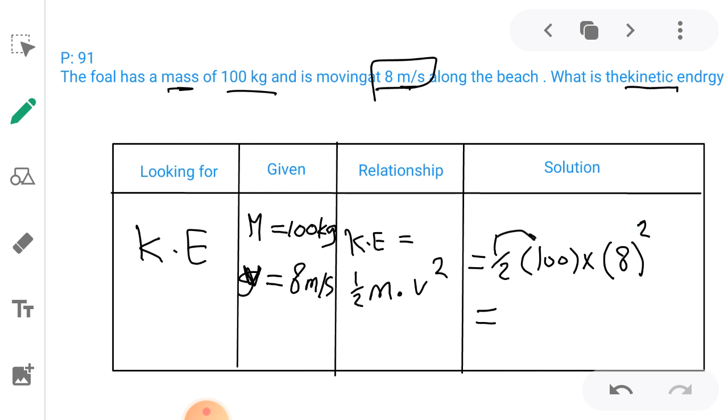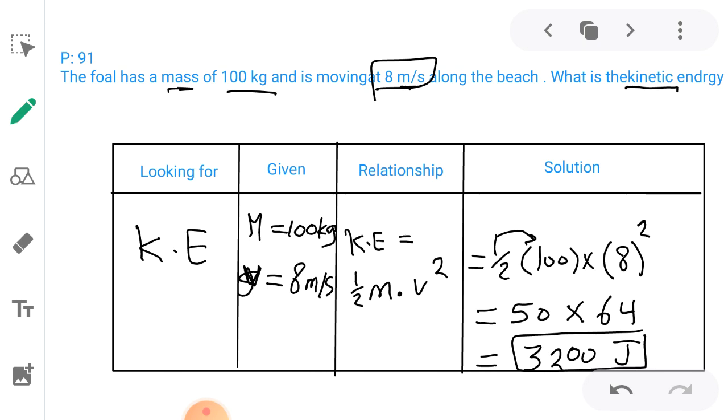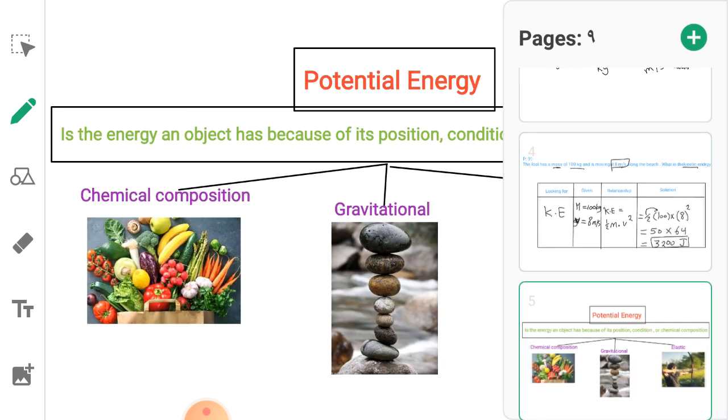Okay, half of 100 is 50, and 8 squared is 64. Use your calculator to find the answer. It will be 3,200, and the unit of kinetic energy is joule. So this is the answer for kinetic energy, and you have to check your unit.